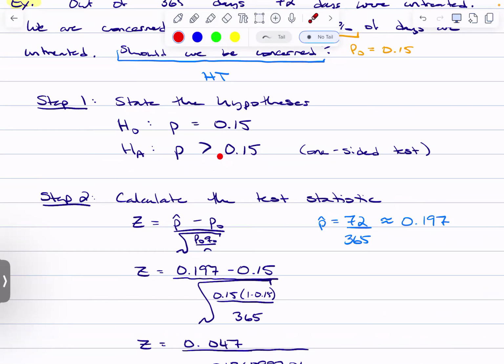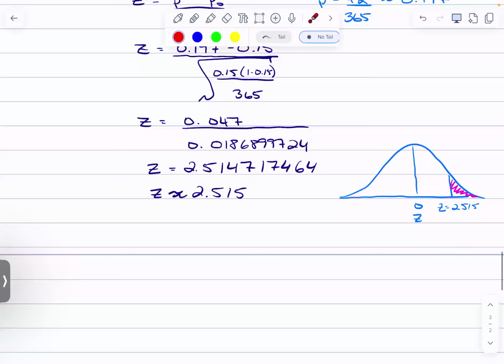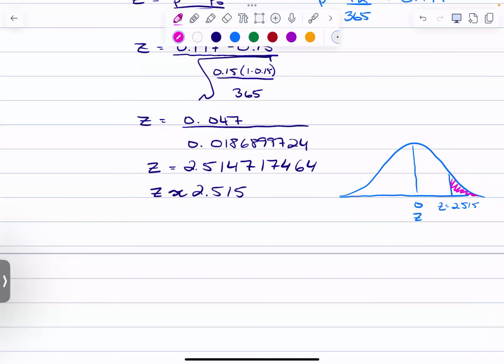If I want to prove that it's less than 0.15, well, it's going to be hard to use 19 to prove that it's less than 15, so you shouldn't do that. You could use it to prove that it's not equal to 0.15, by replicating it in the other tail. So for us, this is going to be our one-sided p-value.